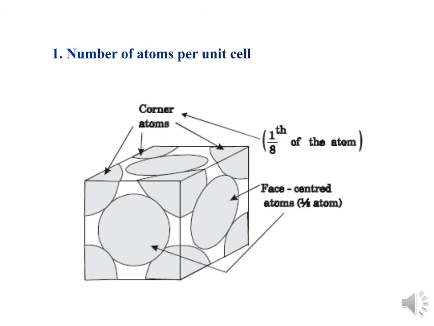Number of atoms present per unit cell is equal to total number of corner atoms into each corner atom shared by 1 by 8, plus each face-centered atom shared by half into number of face-centered atoms. You have to simplify this equation. Number of atoms present per unit cell value calculated.